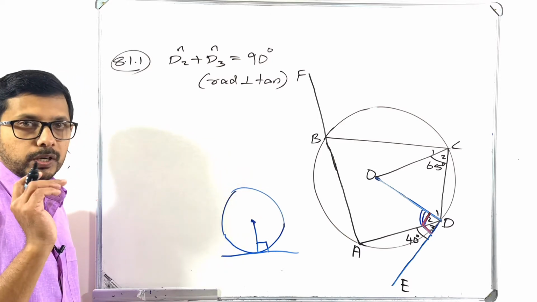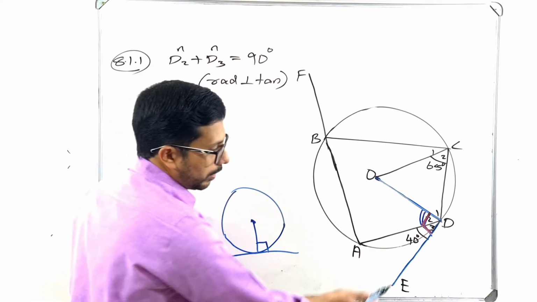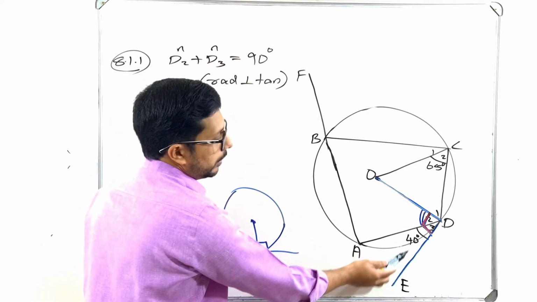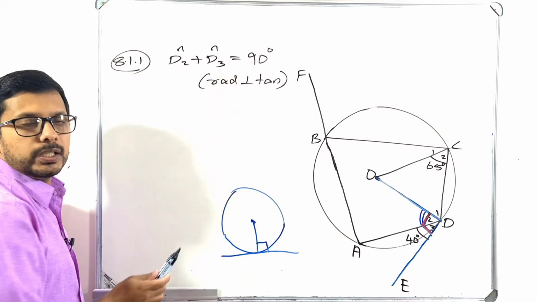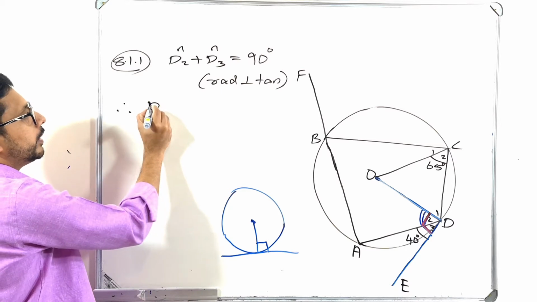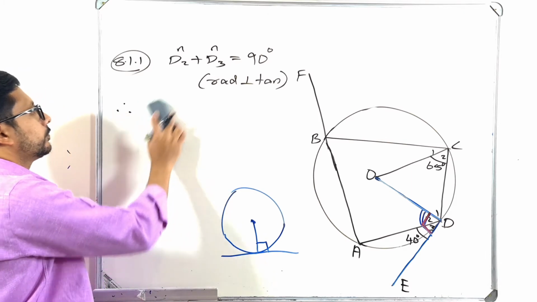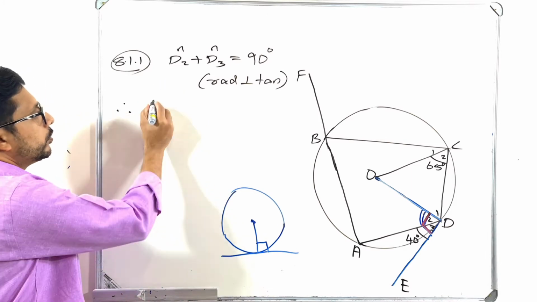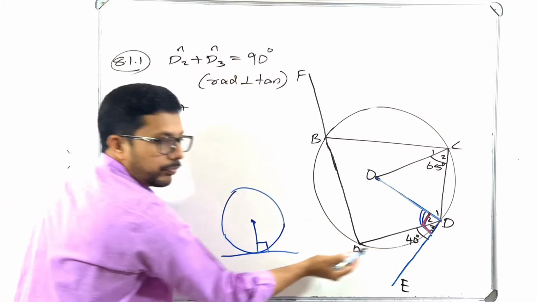Now don't forget what our question is. We have to find this angle D2. So what is D3? D3 is given as 40 degrees. Am I right? So D2 plus D3, it is given as 40 degrees.